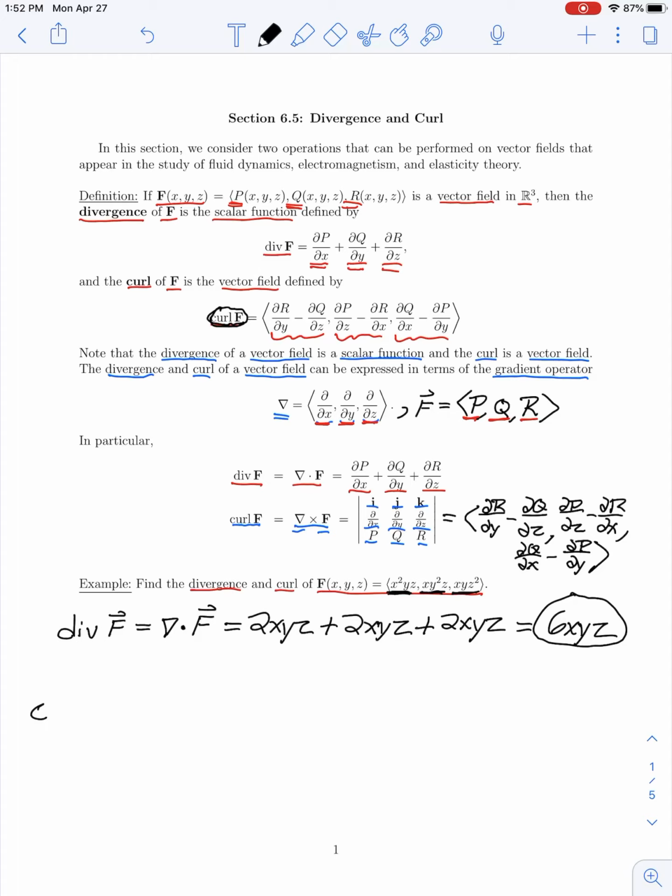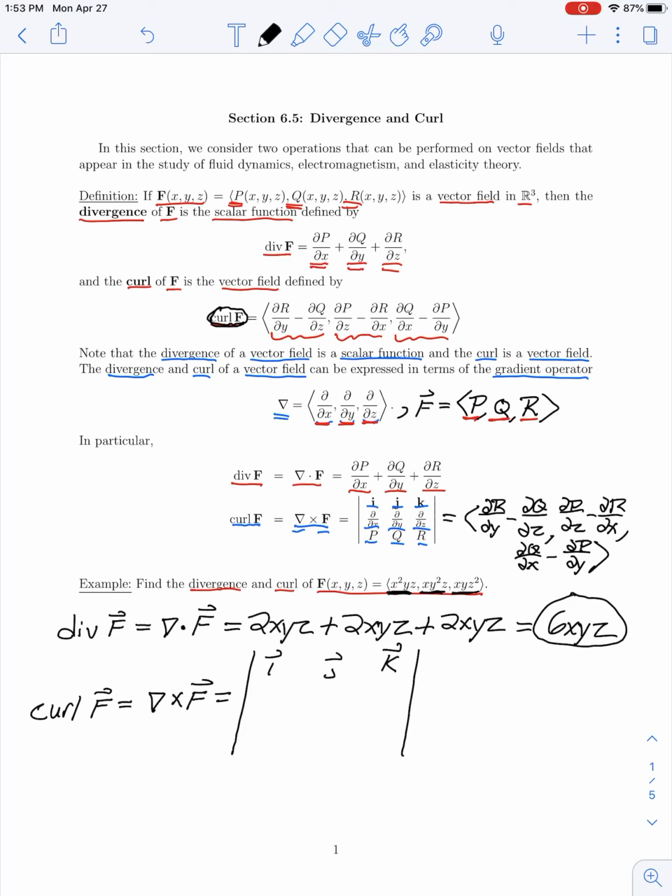Now to define the curl of this field F, again, we're thinking about it as a cross product of the gradient operator with our vector field. So to find a cross product, we're looking at the determinant of this 3x3 matrix, where our first row consists of the standard basis vectors i, j, and k.